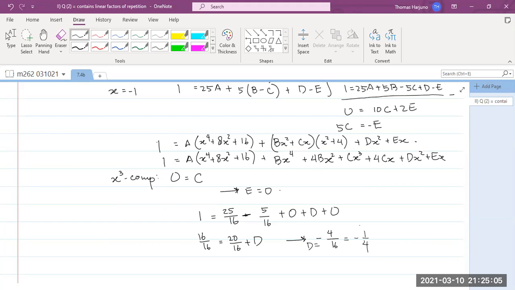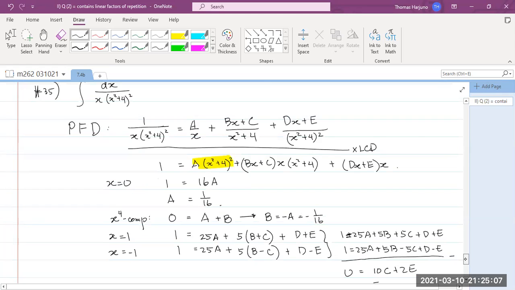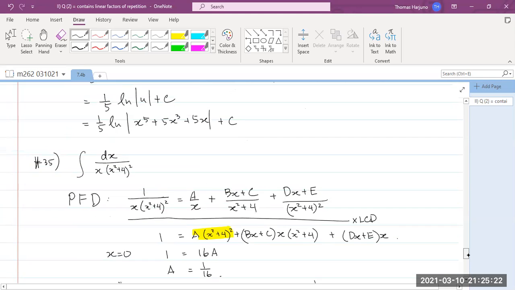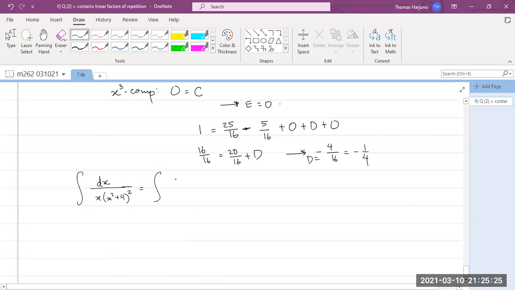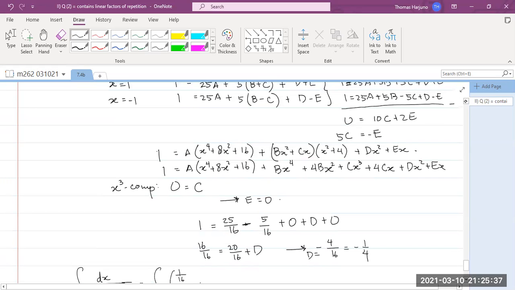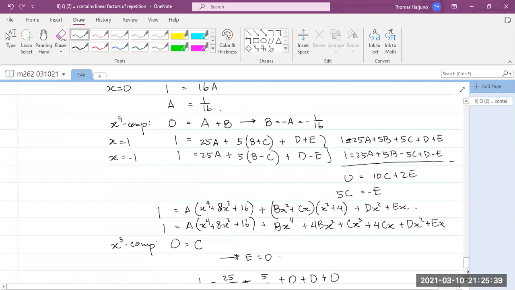Okay, let's put everything together. Do you remember the question? So the integral of dx over x times (x squared plus 4) squared equals the integral of 1 over 16 over x plus, what is my b? Negative 16. And c is 0, right? Yeah, b is negative 16.